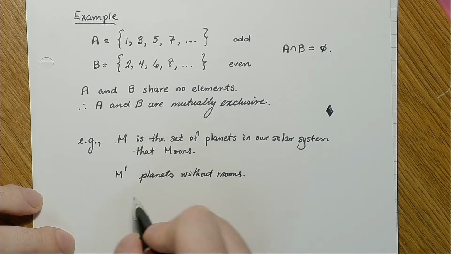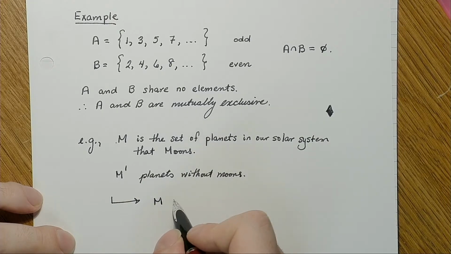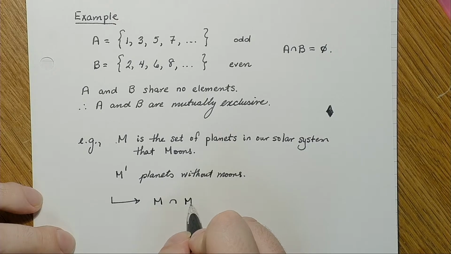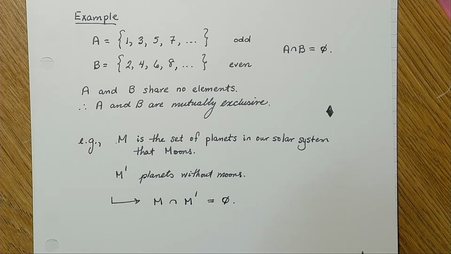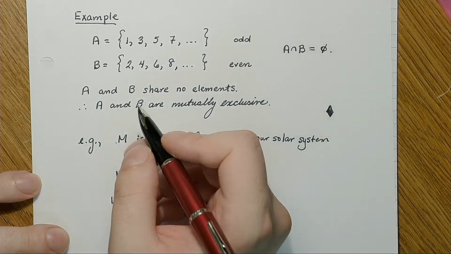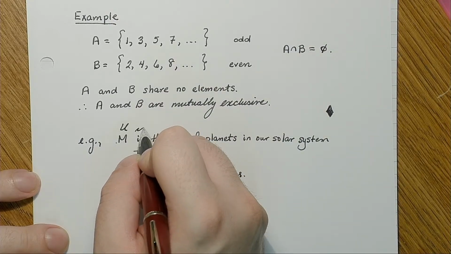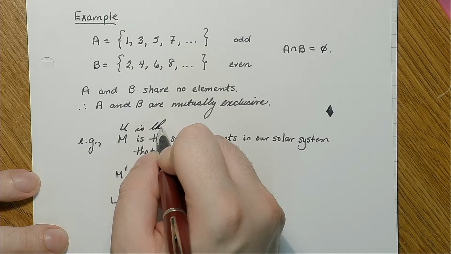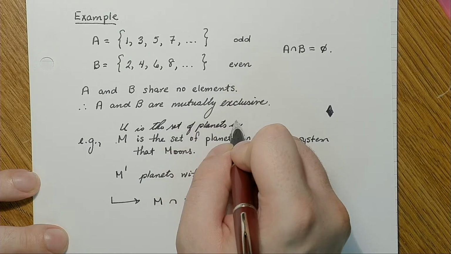These would be mutually exclusive, meaning that the set of planets with moons and the set of planets without moons are mutually exclusive. And if you wanted to be picky, I was quite specific. I said in our solar system. So U is the set of planets in our solar system.